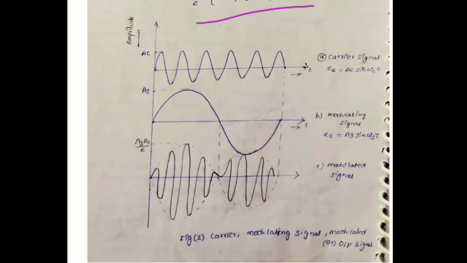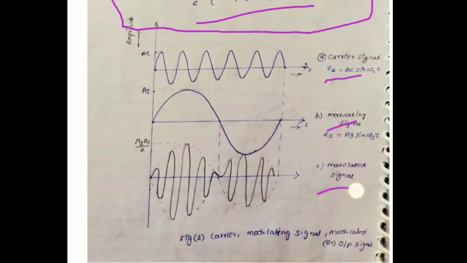Similarly, for the carrier, modulating signal and output signal, what will happen in this modulation? You can see in the diagram below. A is the carrier signal, B is the modulating signal, and C is the modulated signal, the output of modulation.